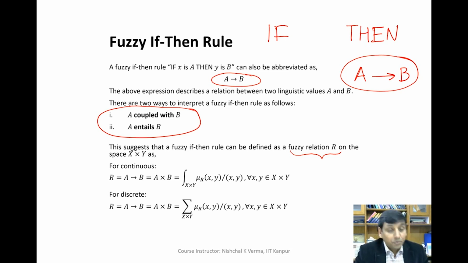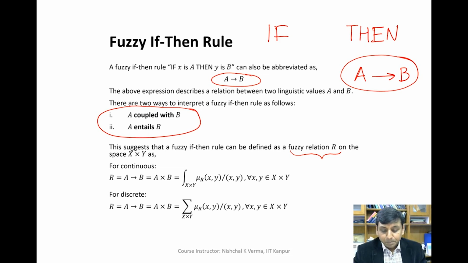And then of course, the universe of discourse of this fuzzy relation set will be the cross product of the universe of discourse of the first fuzzy set and the second fuzzy set.